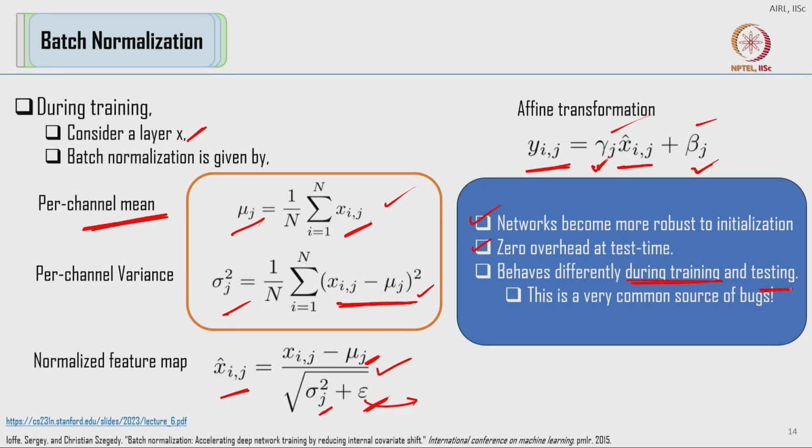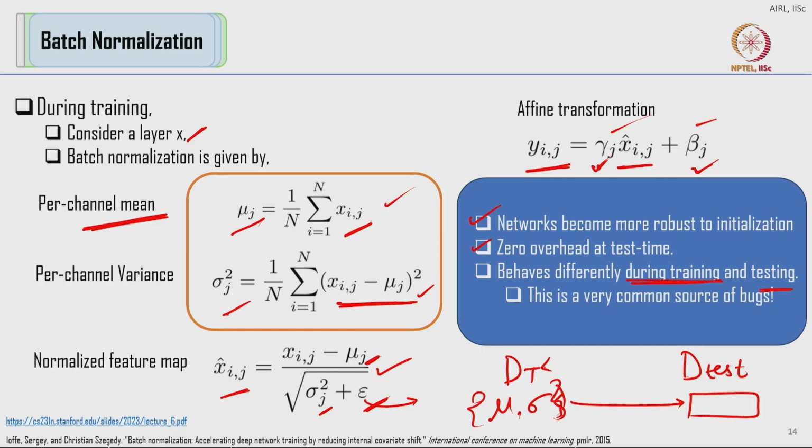Now an issue with this is if I have a train set which is D train and a test set which is D test. Now I have computed mu and sigma for various layers in the whole model, due to batch normalization. The same thing has to be used here because it is frozen, it does not get updated.